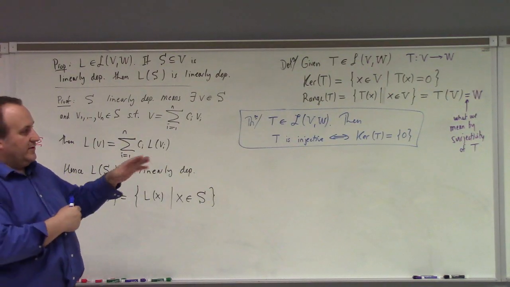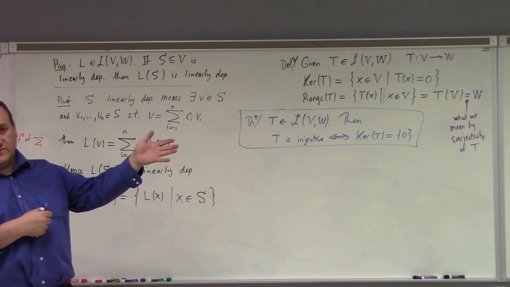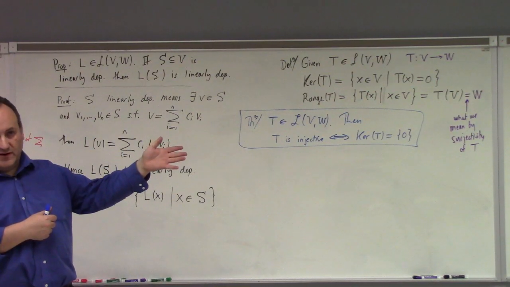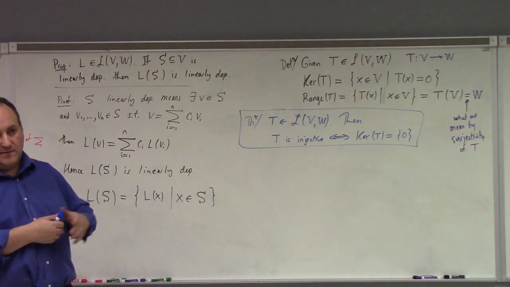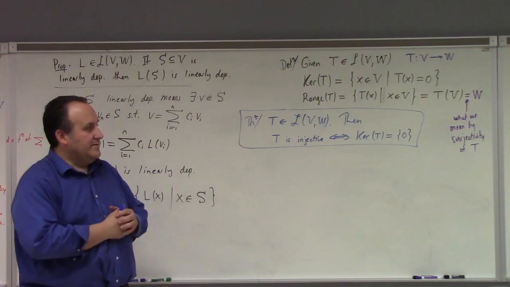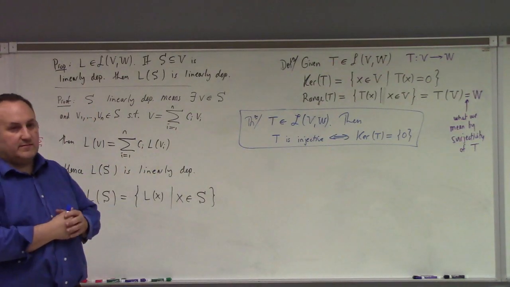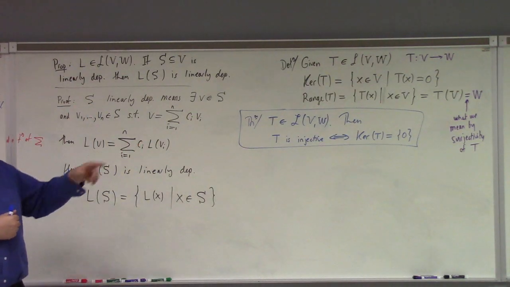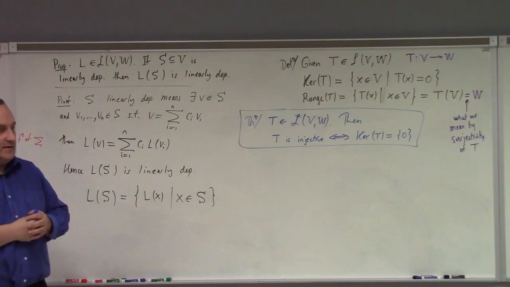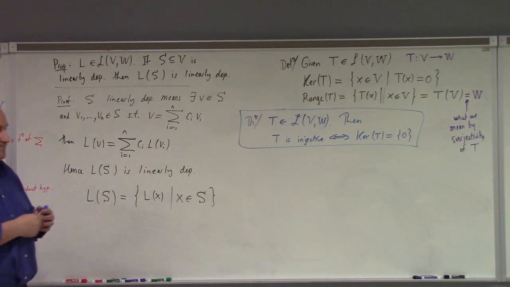The analog of the kernel for my example 5 is still just 0. The only thing that maps to 0 is 0 for x squared. The graph y equals x squared just bounces off the origin. So what I would call the kernel of f is 0, and yet it's not 1 to 1. So you see this theorem is special to linear maps. It's not true for nonlinear maps generally. Example 5 already shows you that. So, okay, let's prove it then.